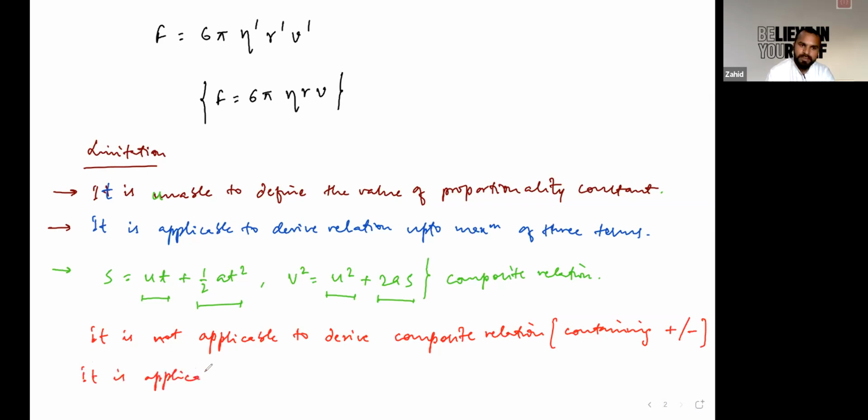It is applicable to derive the relation between quantity related by product or division.